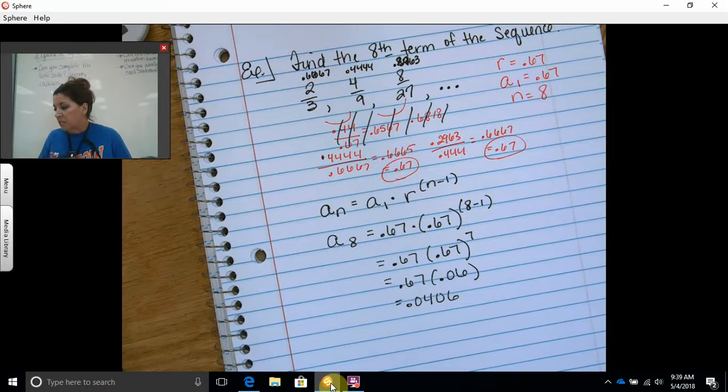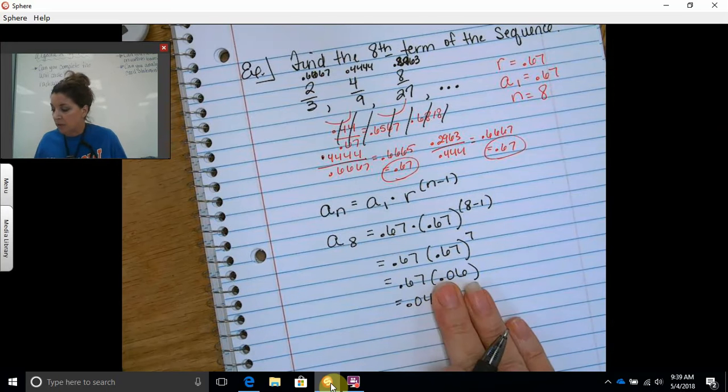And of course, if we wanted to turn that into a fraction, if we were just rounding to the nearest hundredths place, that would be 4 what? 4 over... What place is the 4 in? Hundredths.